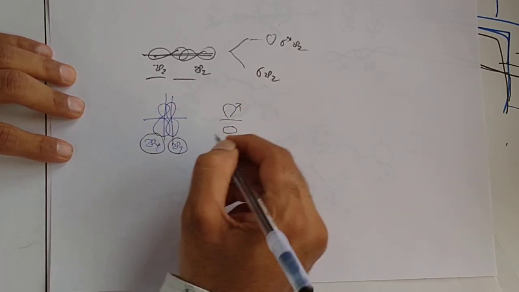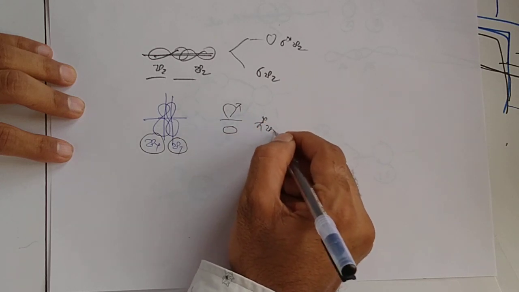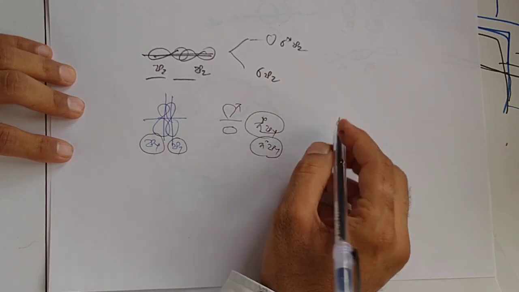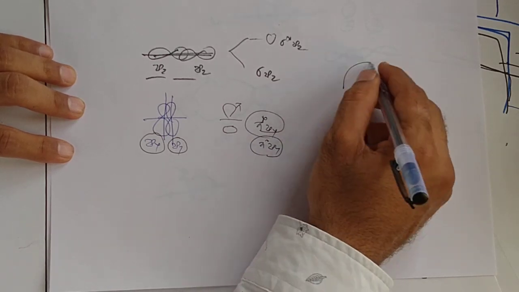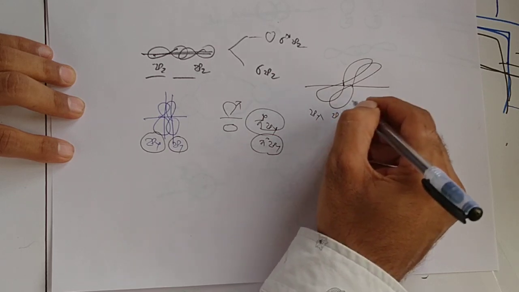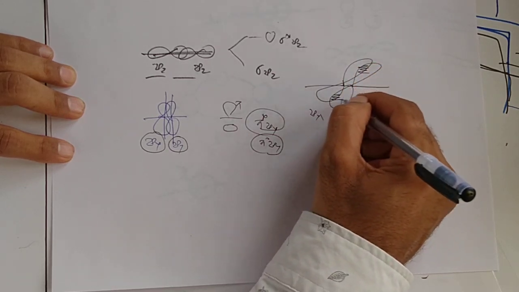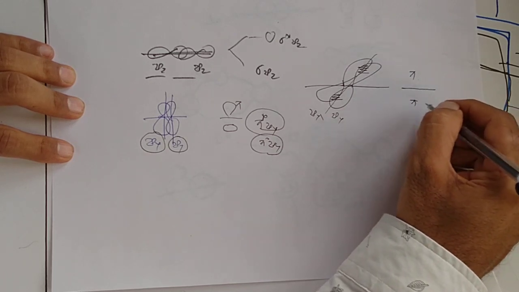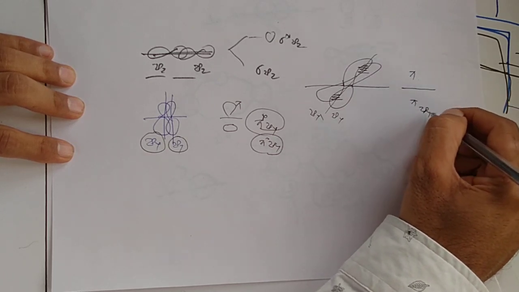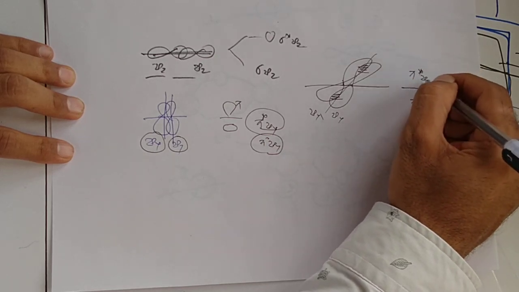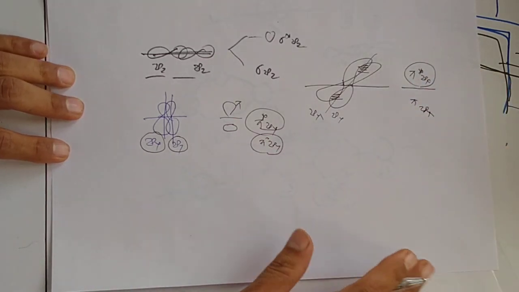So there are two, pi 2py and pi star 2py, bonding and anti-bonding like this. 2px is overlapping with each other. Overlapping occurs on the perpendicular, so pi 2px and pi star 2px.